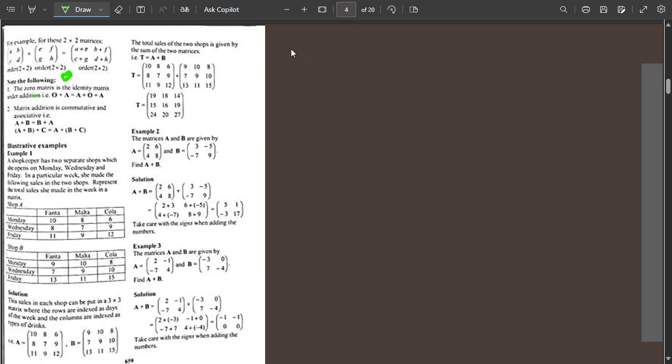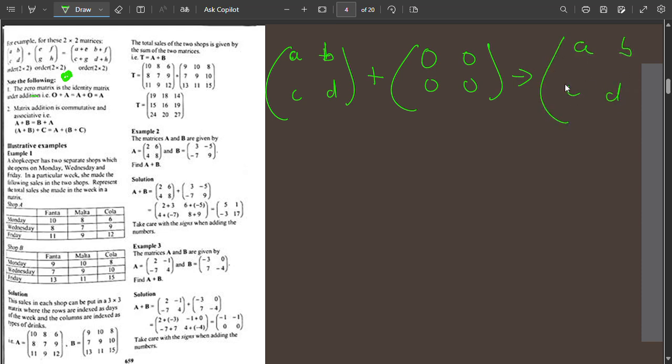Because when we have, let's say, a, b, c, d, plus our zero matrix, which is 0, 0, 0, 0, when we add, we are going to get a, b, c, d, because a plus 0 is a, b plus 0 is b, c plus 0 is c, and d plus 0 is d.